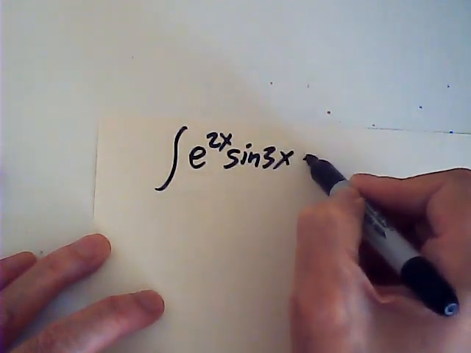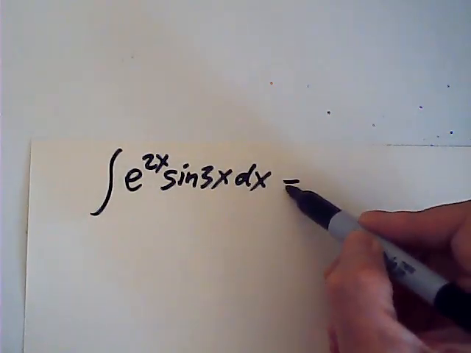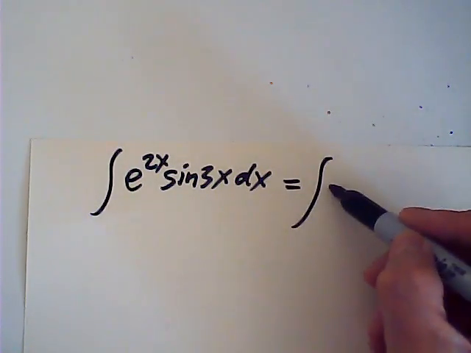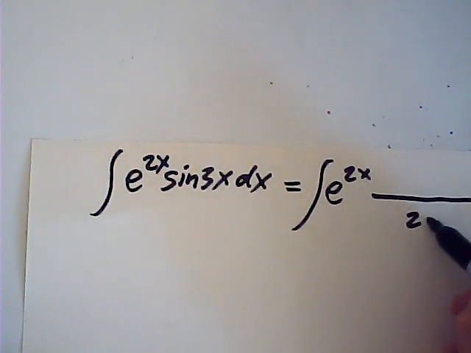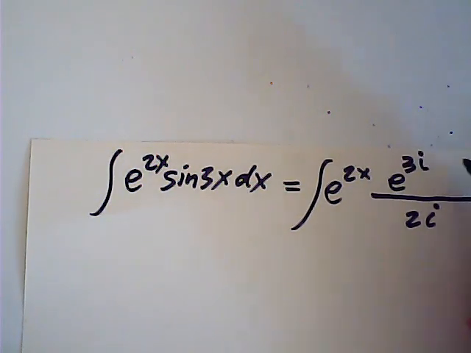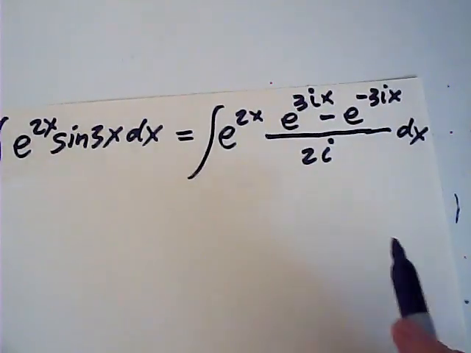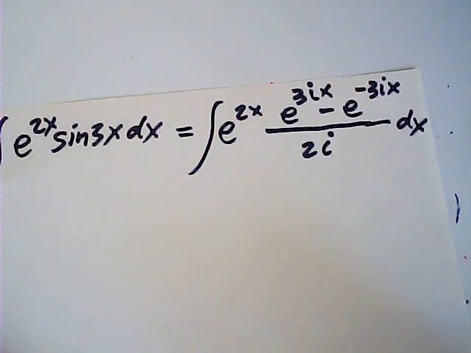The integral of e to the 2x sine 3x dx. I still use the complex numbers. This one is equal to the integral of e to the 2x, and sine 3x is equal to 1 over 2i times e to the 3ix minus e to the negative 3ix. Okay, that is sine 3x.